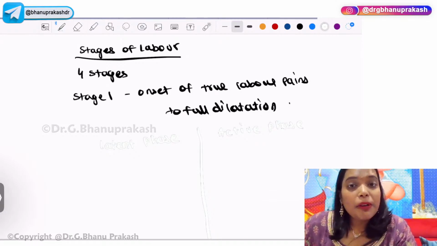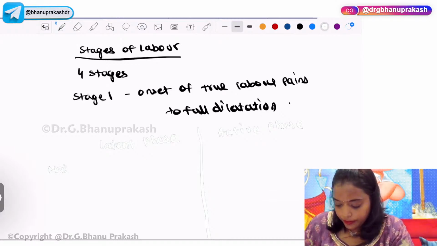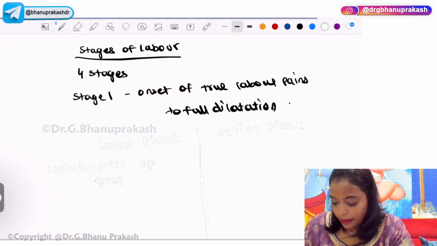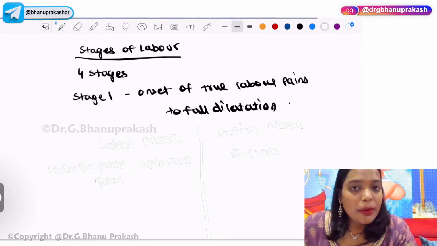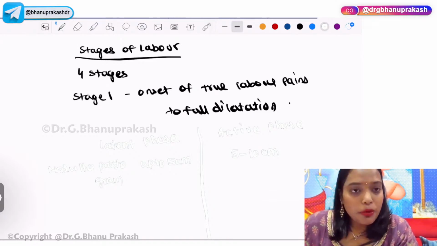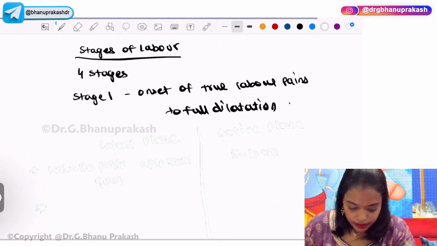So as per the modified WHO Partogram, latent phase is up to 5 centimeters. Active phase is 5 to 10 centimeters.